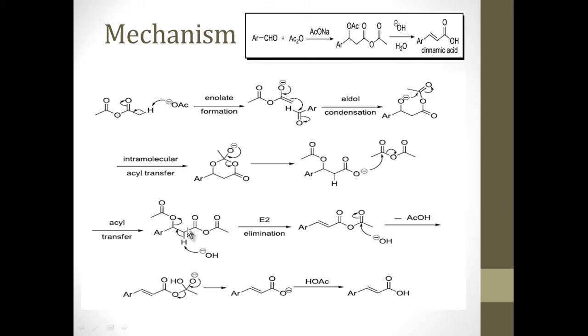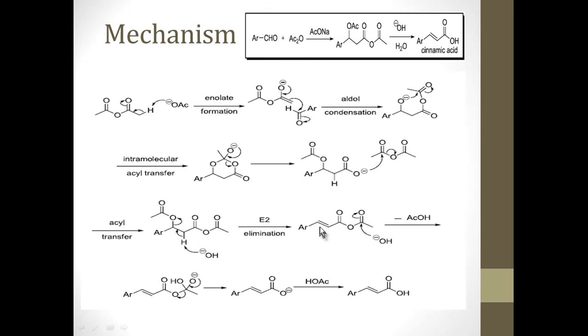In E2 elimination, this bond is breaking down. OH will come, it will take the H, and this bond will break. CH3 C double bond O negative will be generated. So ultimately here Ar C, then there will be a double bond. This is the double bond generated by the elimination reaction, or E2 mechanism.